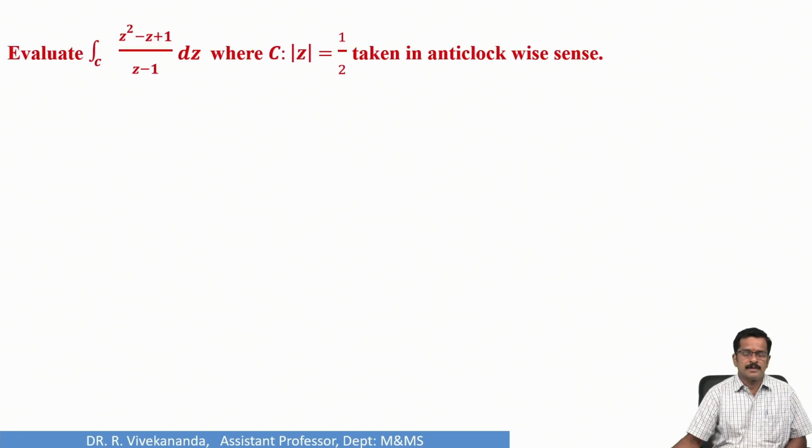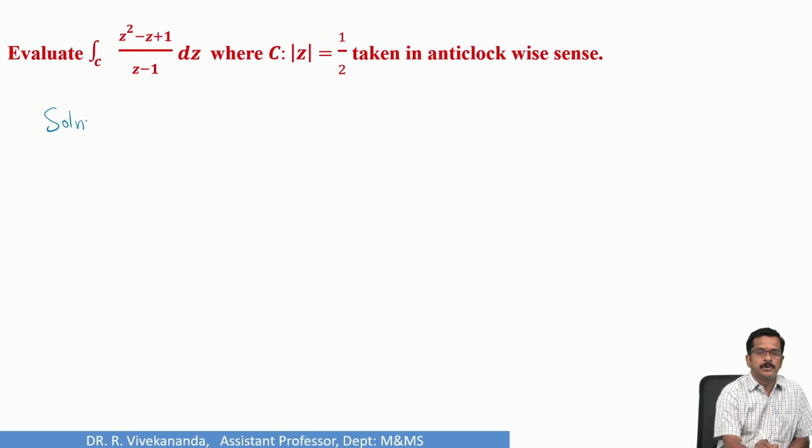Okay, let us discuss the problems. Evaluate integration over C. Solution: integration over C of (z square minus z plus 1) by (z minus 1) into dz.